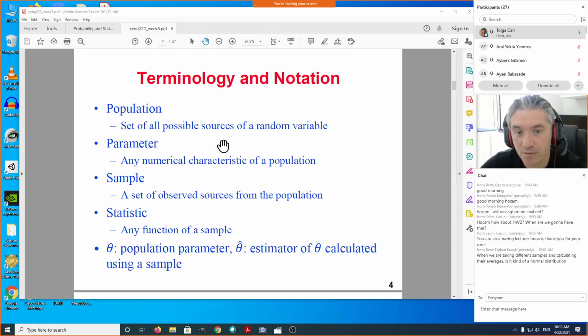If you collect one data point, a single student, and ask their age, you turn it into a random variable, a numerical value. So the entire population is basically our entire set of values the random variable can take.